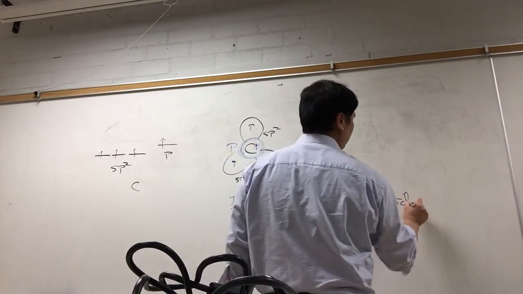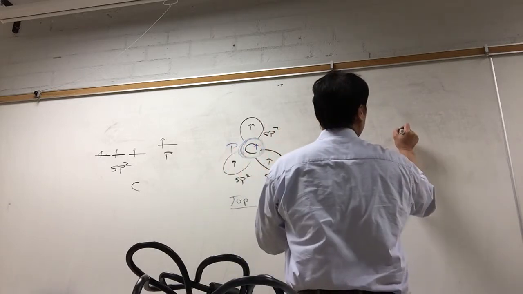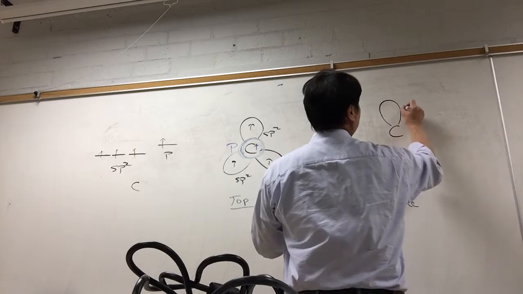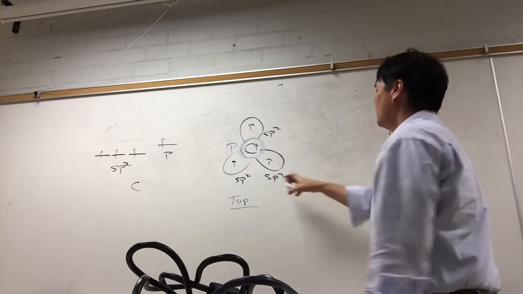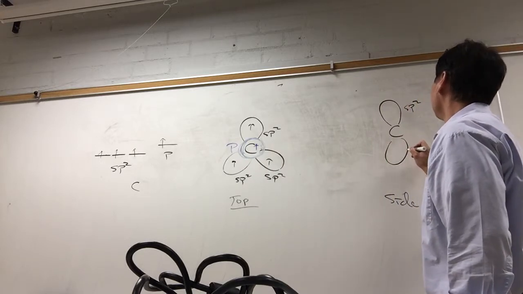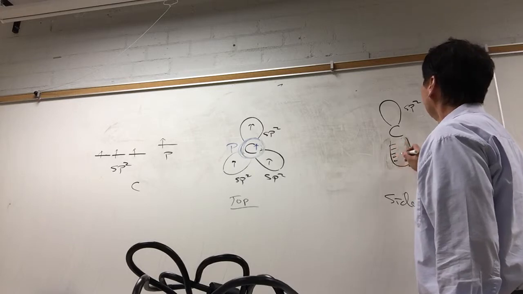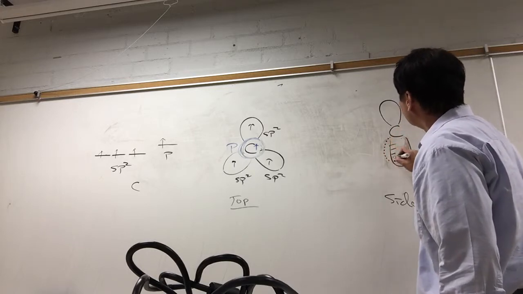If I look at a side view of this, what I'm going to do is rotate this 90 degrees here. And so the carbon's going to be here. Now this sp2 is still in the plane here. But this sp2 is going to stick out of the plane here. And so one of these sp2s sticks out, and another sp2 sticks in.